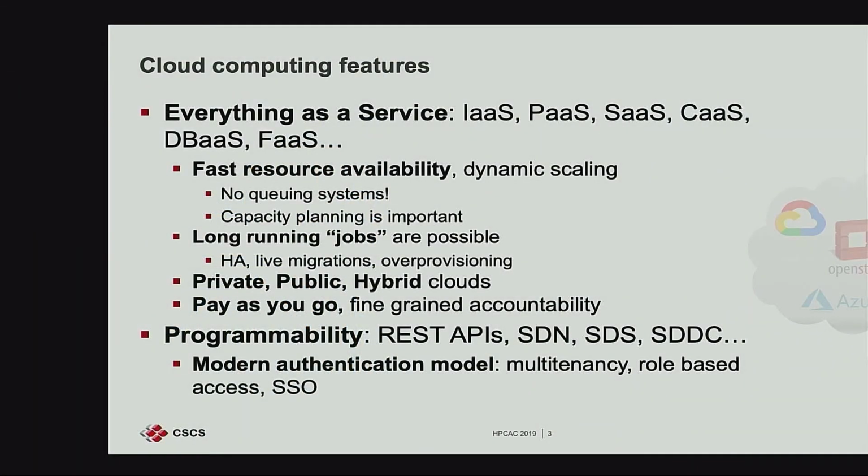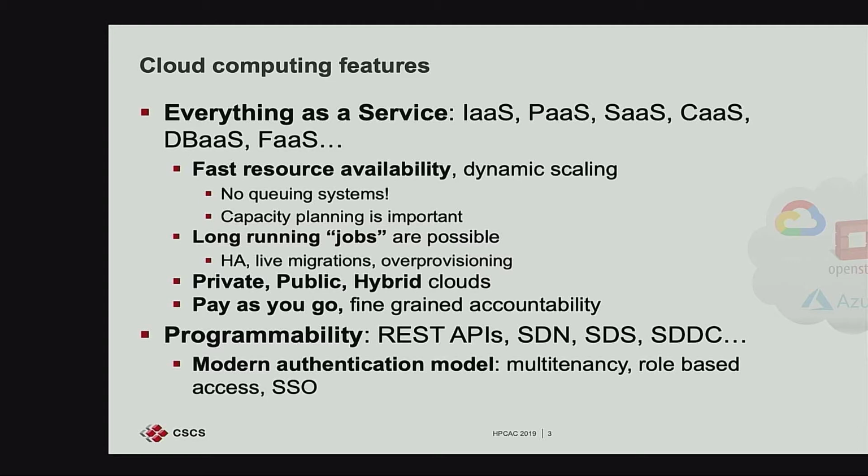Also, something which is different from HPC is that in HPC, traditionally, the jobs are short-lived. In cloud, there can be short-lived jobs, but at least in our systems, we are seeing mainly very long-running jobs, which can be considered permanent, such as web applications, which are not going to be taken down if not after a few years.